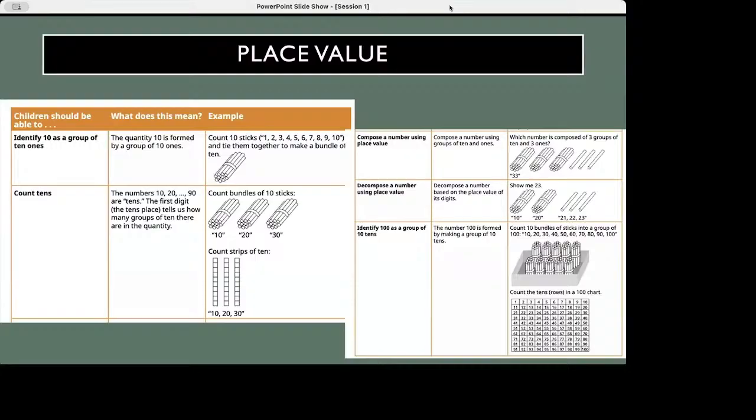I want to agree with Virginia about the introduction of the concept of place value, and particularly the use of sticks, so that the learners can be given opportunities to bundle them to understand that 10 ones is equivalent to 1 ten.